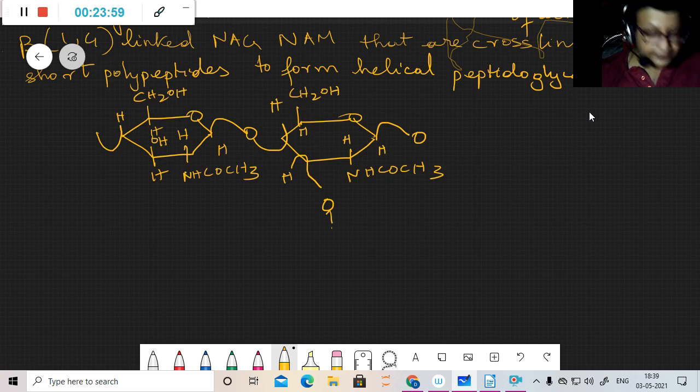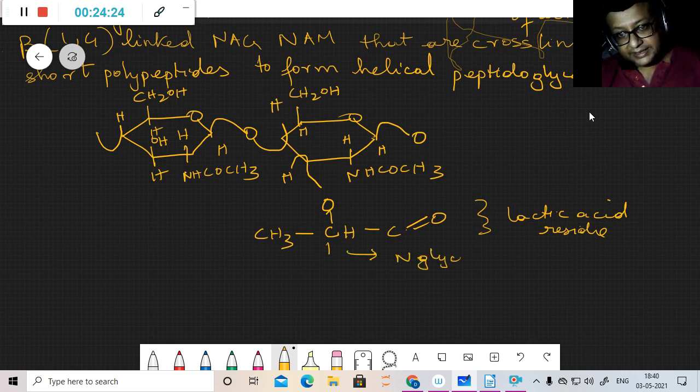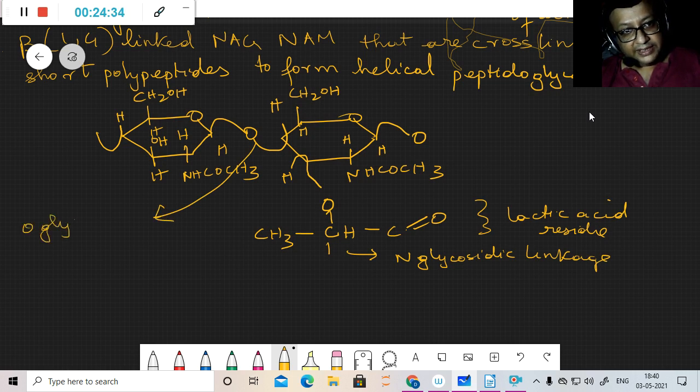O, CH, CH3CO. This is a lactic acid residue, to which you have amino acids added. You can call this N-glycosidic linkage. Here you find an O-glycosidic linkage.